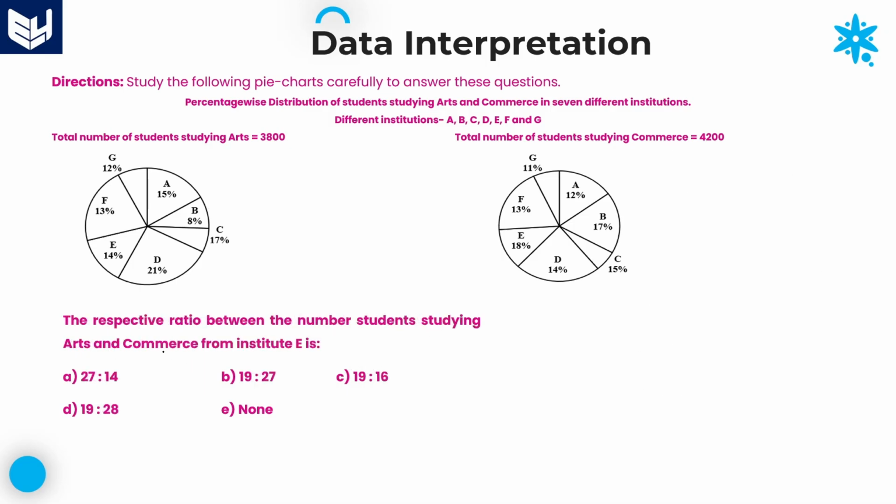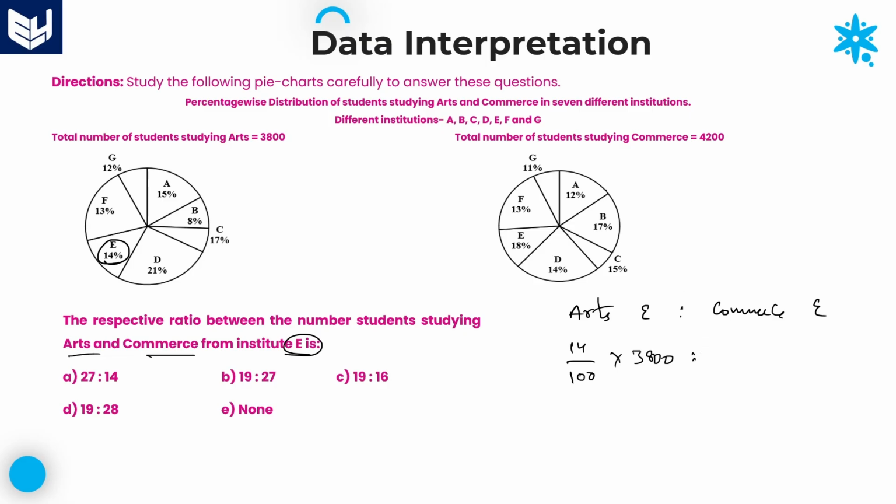Next one. Third question. The respective ratio between number of students studying arts and commerce from Institute E. Here we need to calculate the ratio of arts and commerce from Institute E. First Institute E Arts, that is 14%. 14% of the total value 3800.